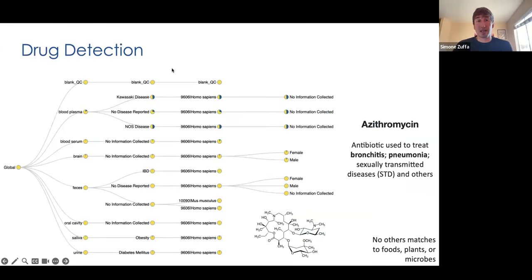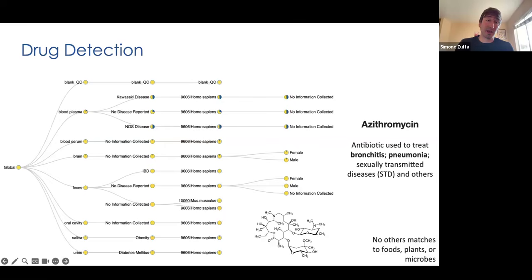Obviously, drugs are not universally present in monocultures of bacteria or plants. So if we search for this specific antibiotic, azithromycin, which is mainly used for treating bronchitis and pneumonia, you can see that it finds a match to several different tissues in our database.